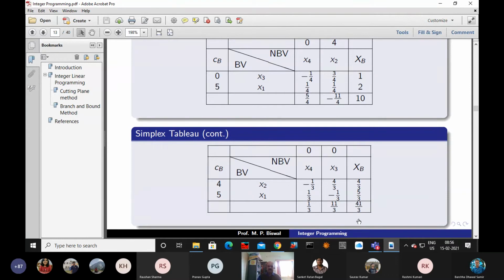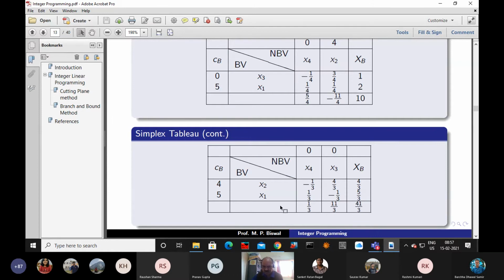Which is the largest fractional part, x2 or x1? Certainly x1. So x1 is selected. If you are selecting x1, how to write? We will write x1 plus 1/3 into x4 minus 1/3 into x3 equal to 5/3.